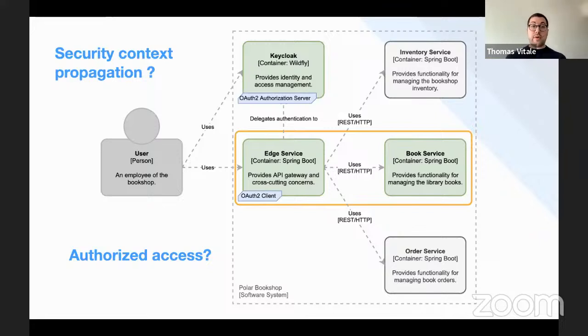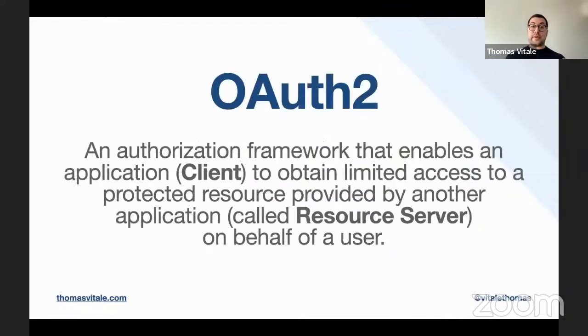And that's what the OAuth2 framework solves, because it's a framework that enables an application, again, we call it client, to obtain limited access to a protected resource provided by another application that we call resource server. And that happens on behalf of the user. Now, this framework actually was defined initially to solve a problem with delegating access to third-party applications.